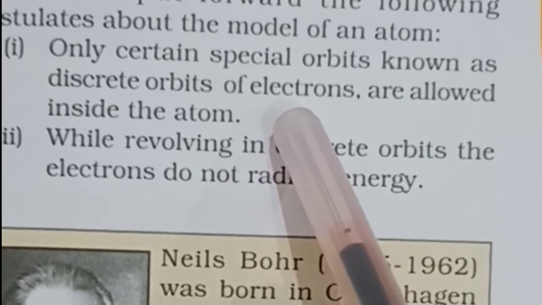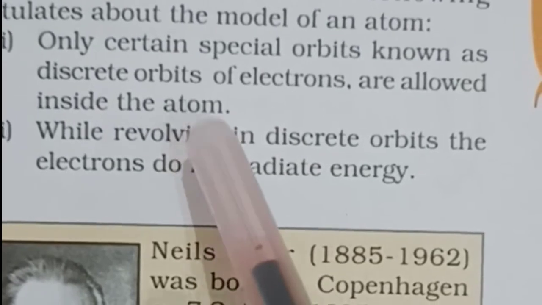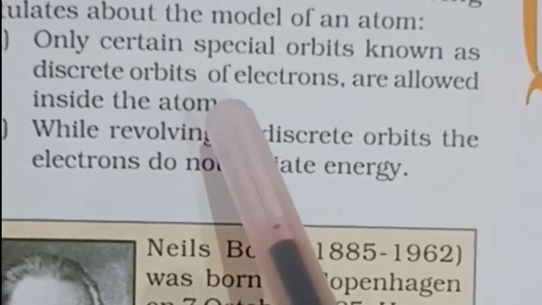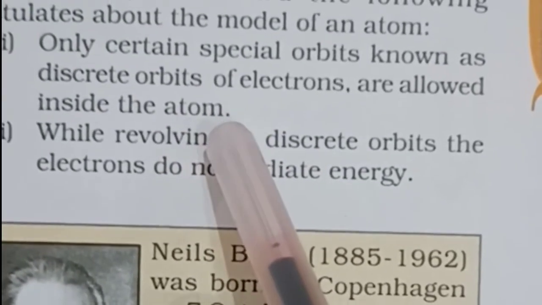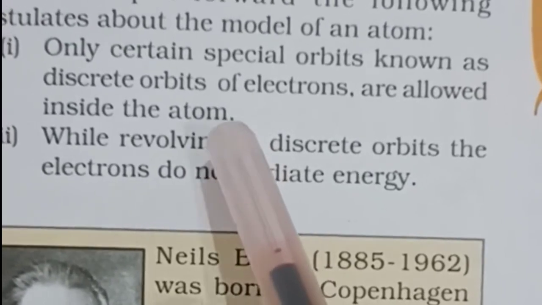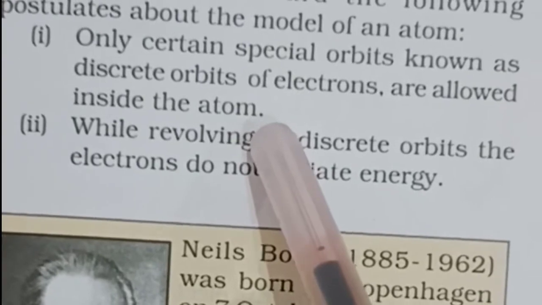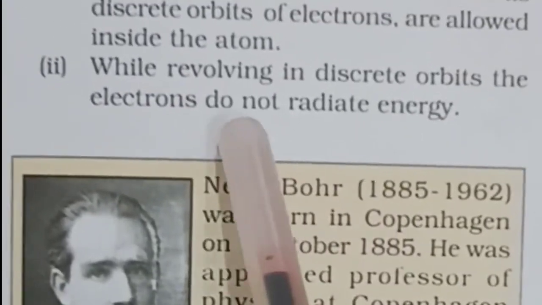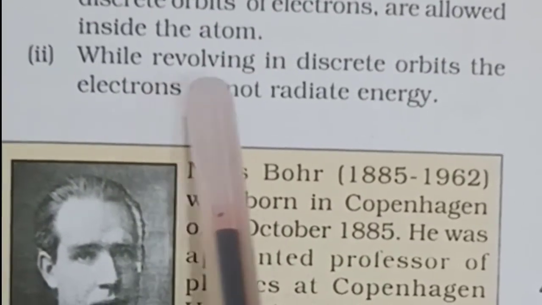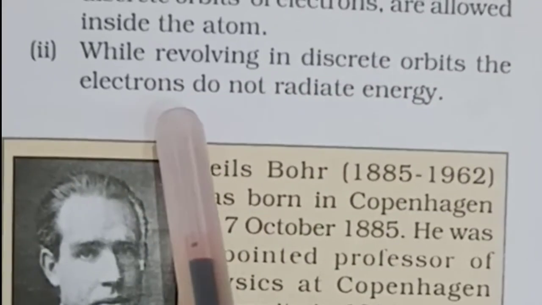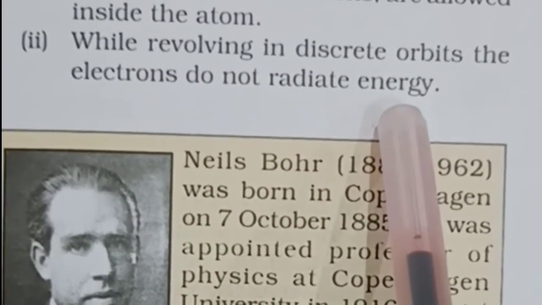The electrons which are in orbits close to the nucleus have low energy, while those in orbits farther away from the nucleus have higher energy. And what does the second point mean, that while revolving in discrete orbits, the electrons do not radiate energy?